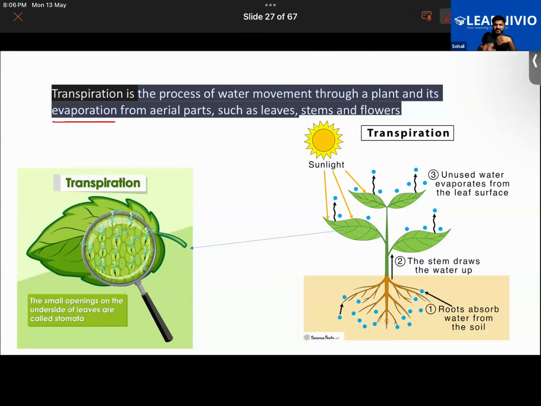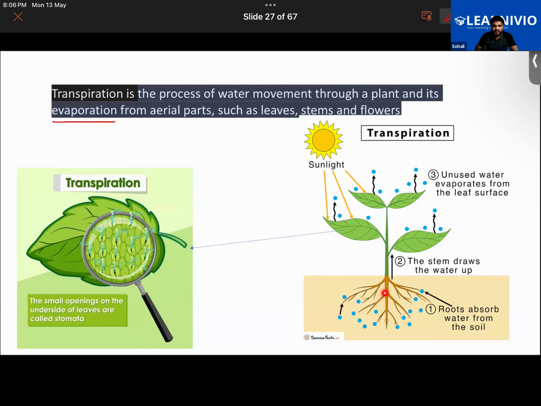Now again, you need to understand this thing also. There's a kind of suction force that is generated inside the plant. That's why water runs in the upward direction. You know that in order to draw water from underground, you install a motor pump, isn't it?